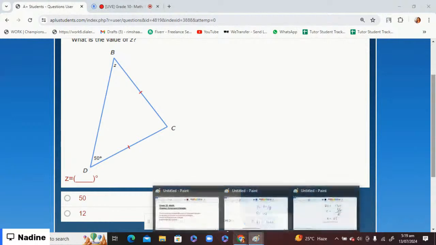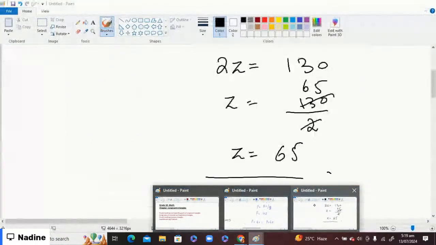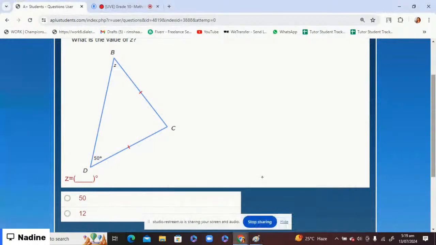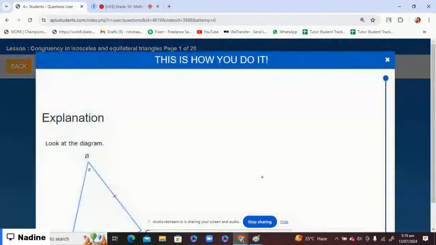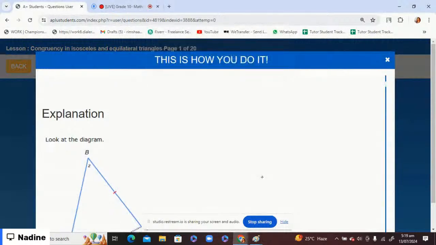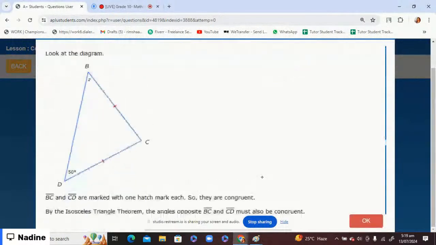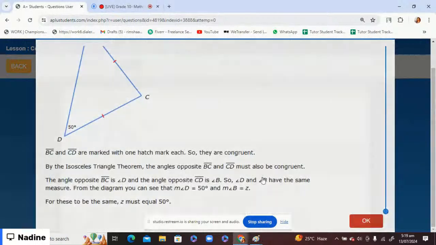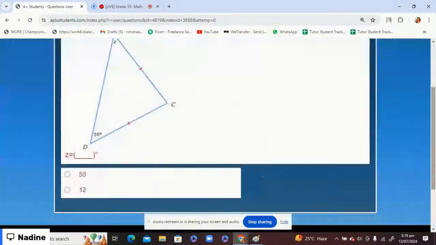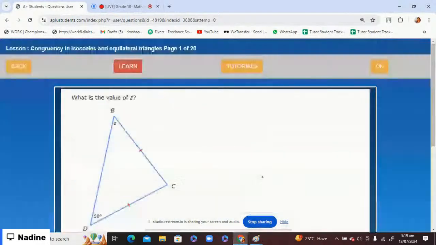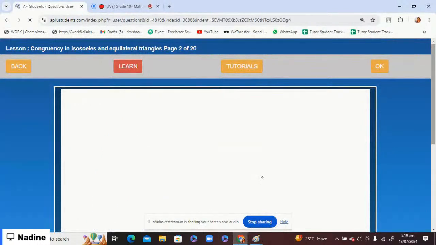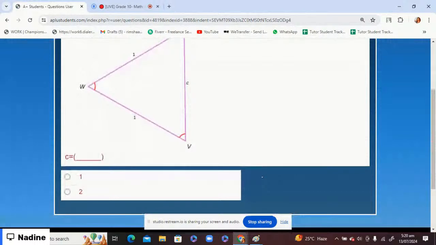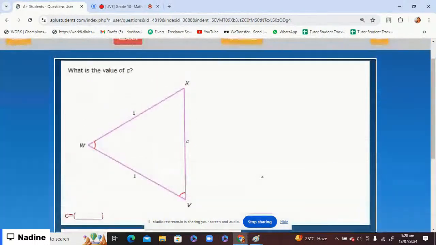Let's check. It's 50, because these both are 50, 50 and 50. We are only finding one angle, not two. Now, what is the value of C?